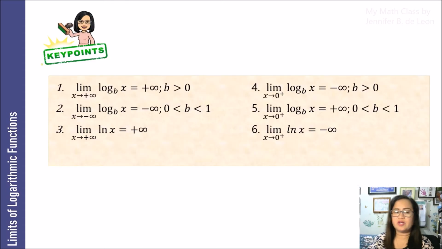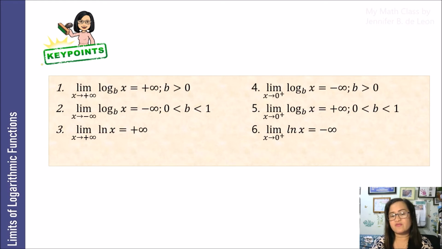So here are some key points for the limit of logarithmic functions. Take note, in number 1 and number 4, the condition is b is greater than 0. Then we have the possible results. If x approaches positive infinity, then it's positive infinity. If we have the limit as x approaches 0 from the right, then it's equal to negative infinity.